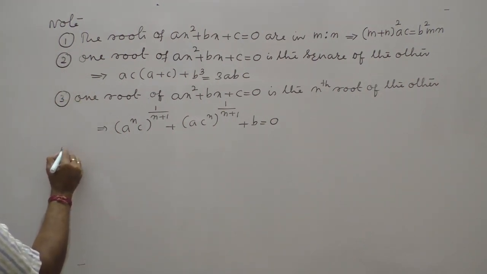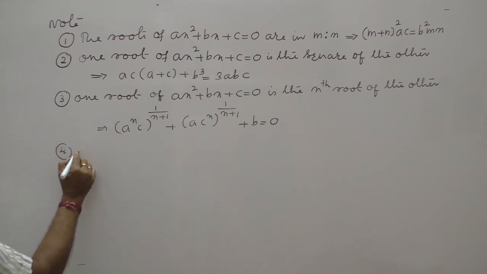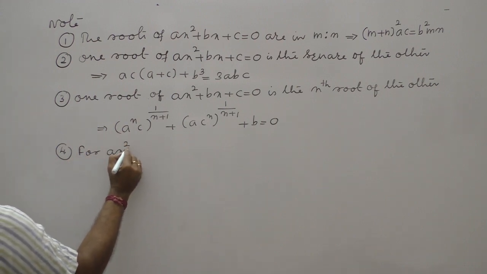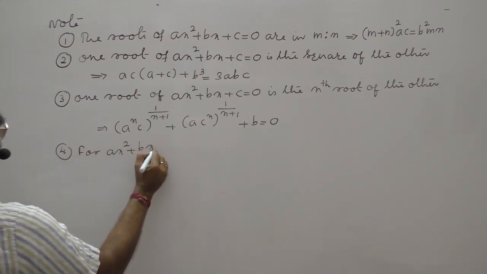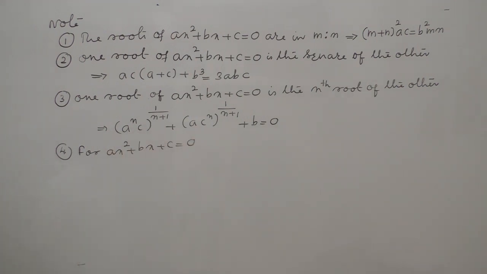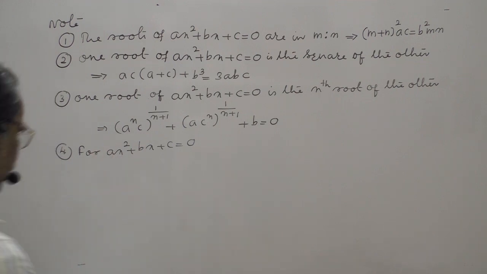Next, the fourth property. For the equation ax square plus bx plus c is equal to 0, generally it will have two roots.